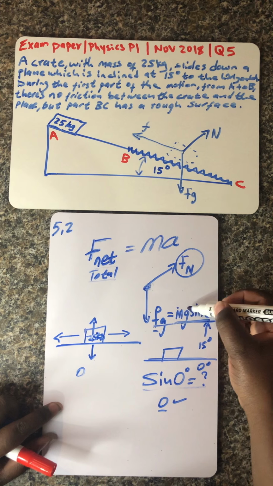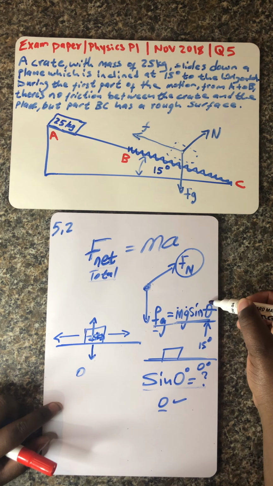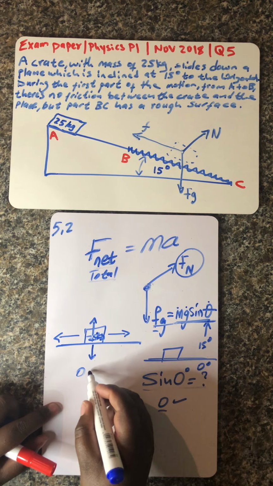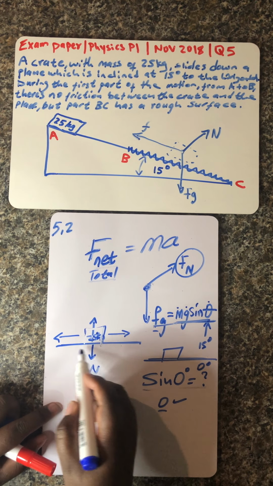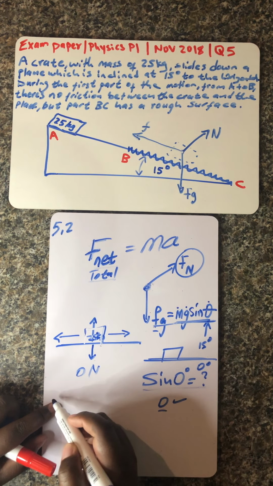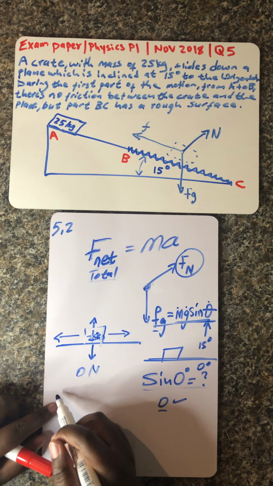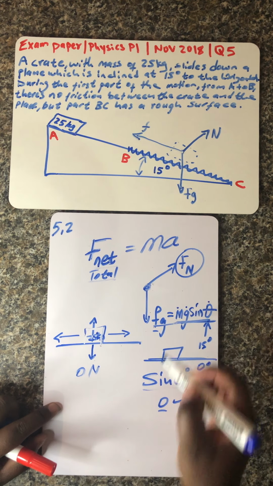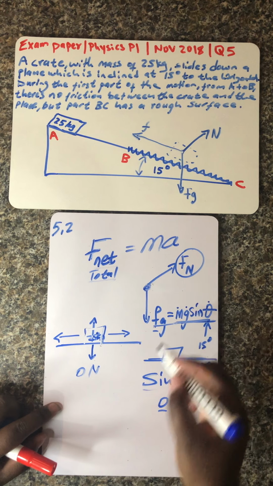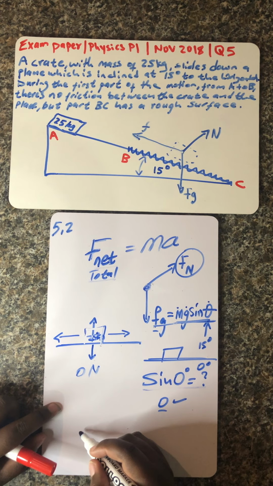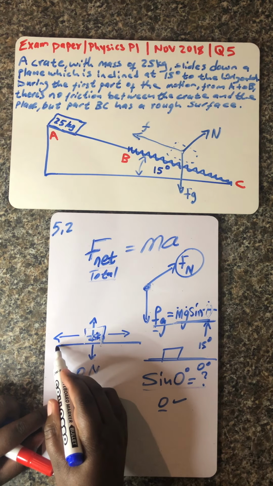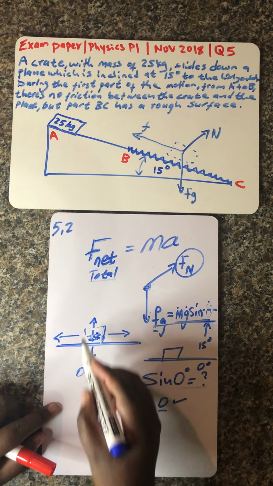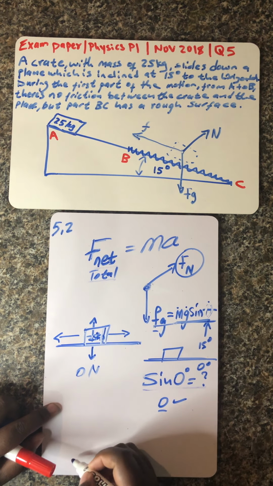If you say 25 times 9.8 times sine 0, the answer you get is 0 Newton. So this object is not moving in any direction as a result of gravitational force. Why? Because the angle is 0, so it's just standing there.